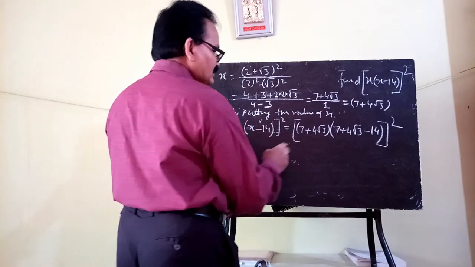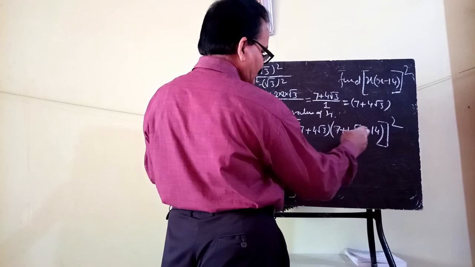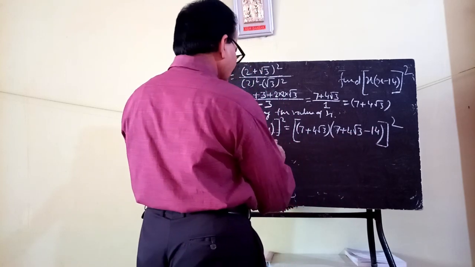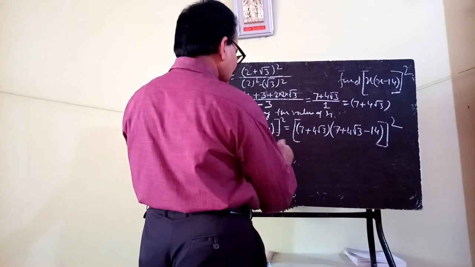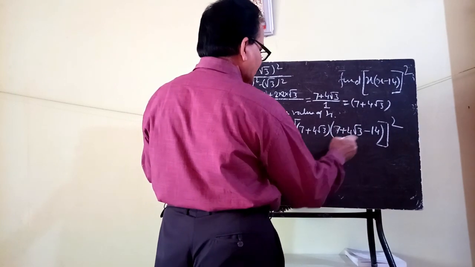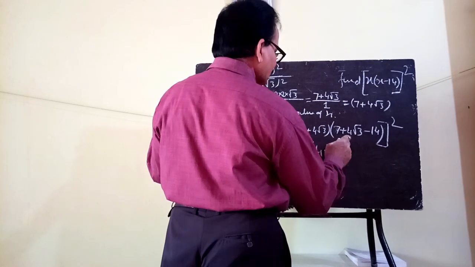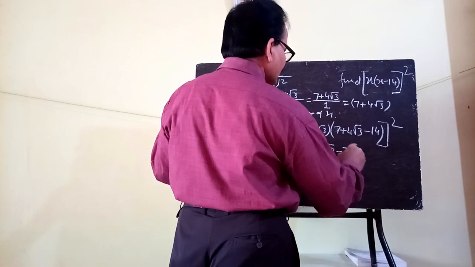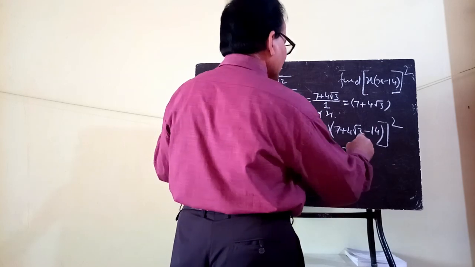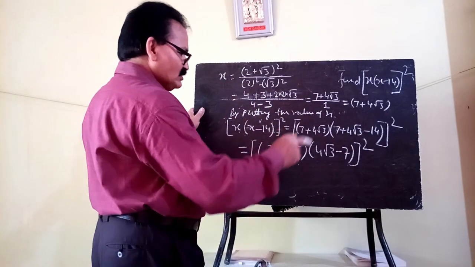So you just solve it: 7 minus 14, in the bracket itself this is 7 plus 4 root 3, and this one is 4 root 3 minus 7, and then whole square.